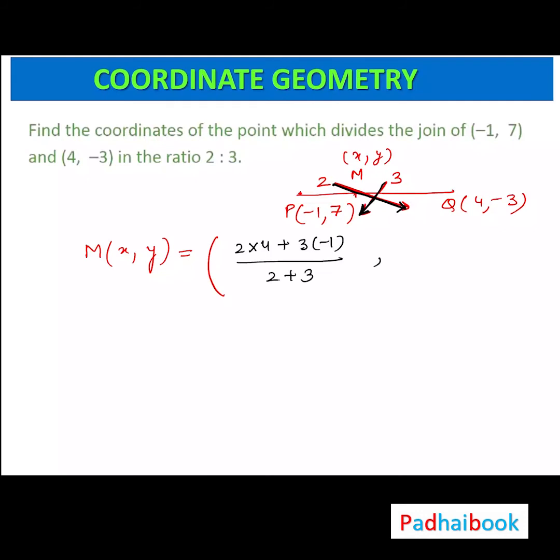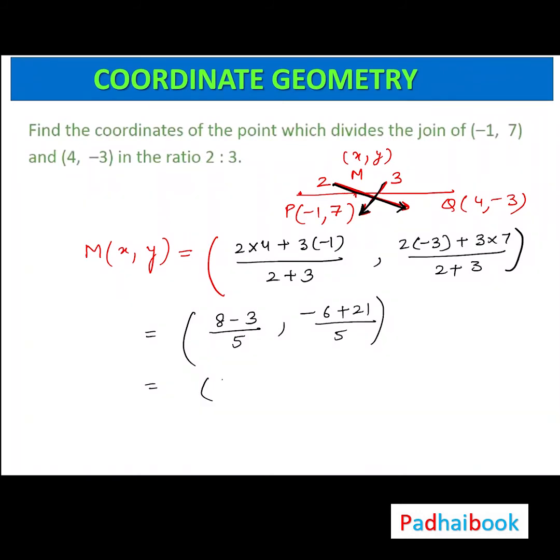Now I will write the y coordinate: 2 into -3 plus 3 into 7, divided by 2 plus 3. So here I have the coordinates of the point M. This will be (8 minus 3) by 5, and here it will be (-6 plus 21) divided by 5.